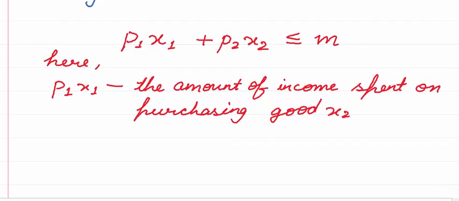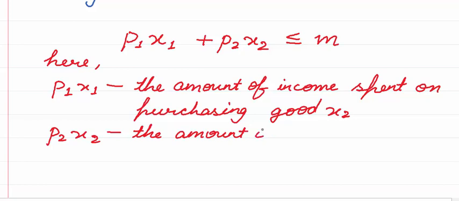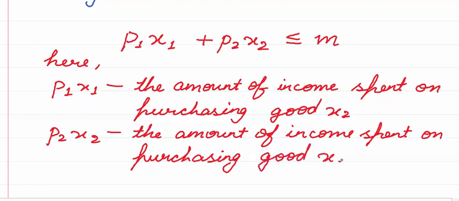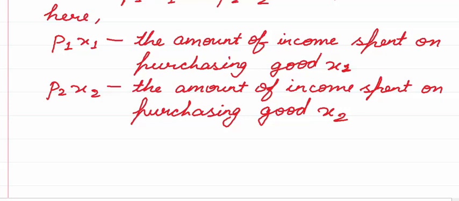And P2x2 is the amount of income spent on purchasing good x2. Now let us see the equation once again.